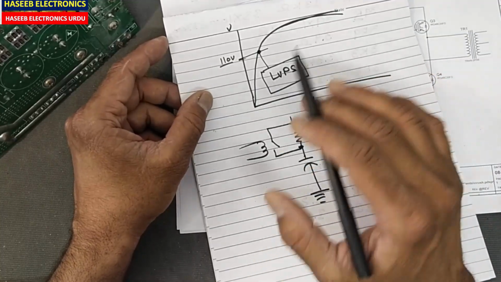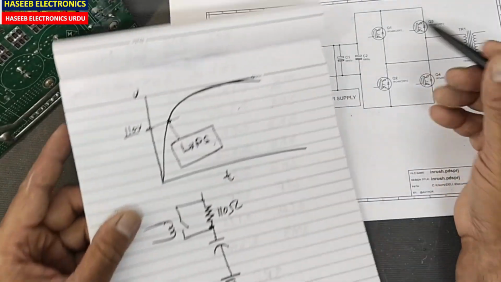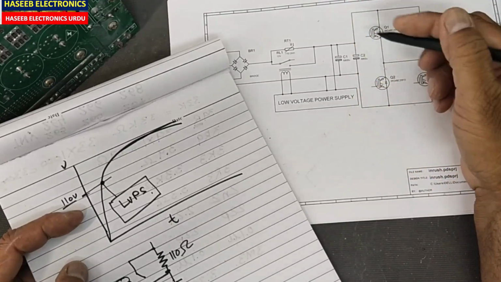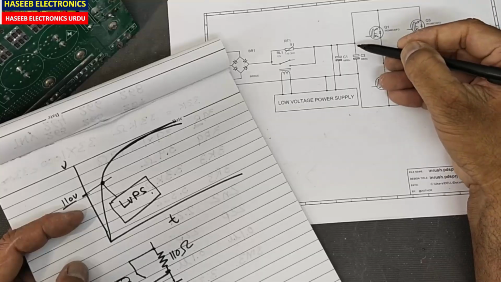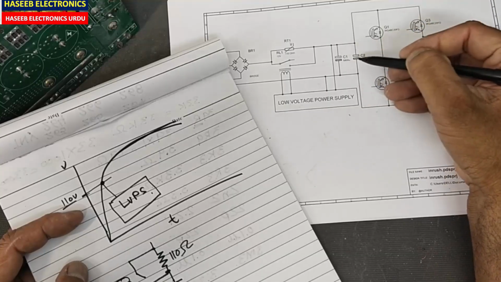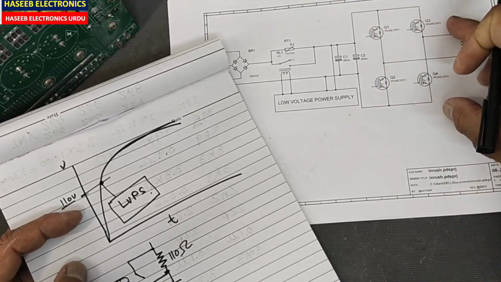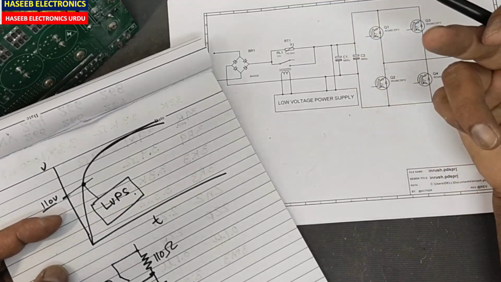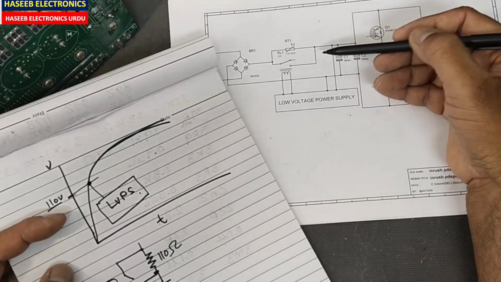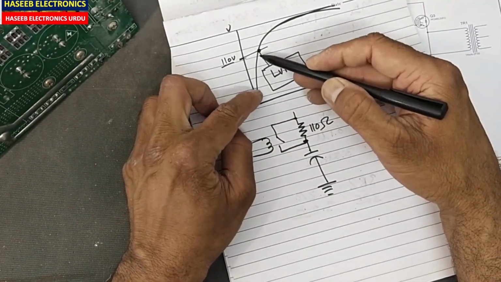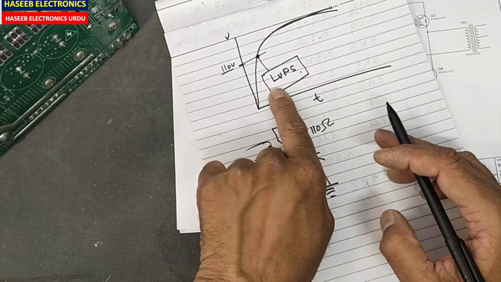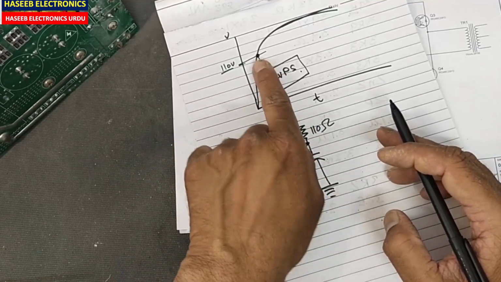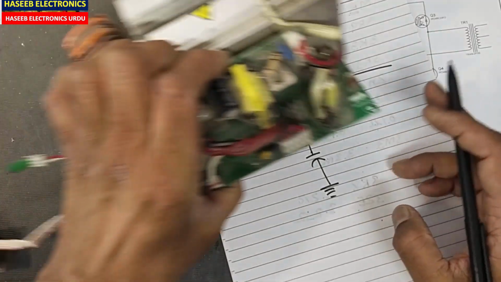If due to any reason we have a short circuit here, if any component is short circuit, this capacitor, either internally short circuit or externally short circuit due to any other components connected on the DC rail, it will not allow the voltage to build, because this power supply needs, we can say, 110 volt to turn on this section.